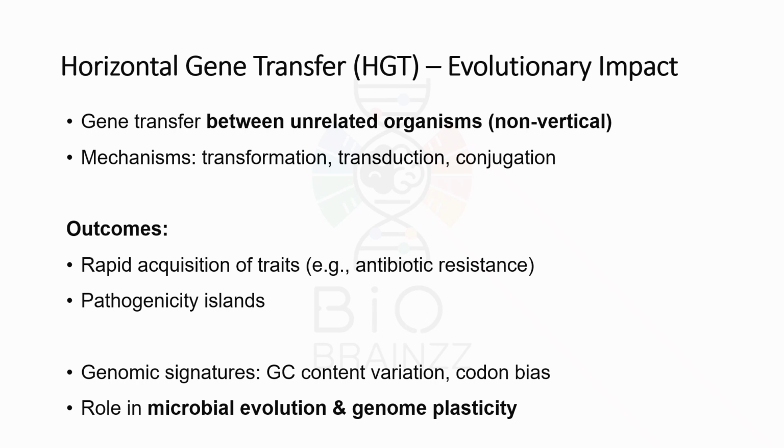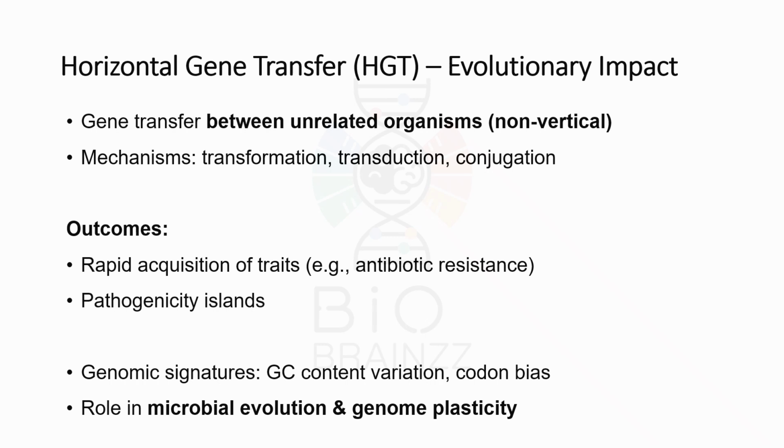Horizontal gene transfer refers to the transfer of genetic material between unrelated organisms. Unlike vertical transfer from parent to offspring, it mainly occurs through transformation, transduction, and conjugation. This process plays a major role in microbial evolution by allowing rapid acquisition of new traits such as antibiotic resistance.